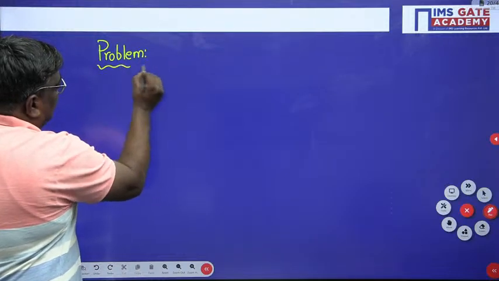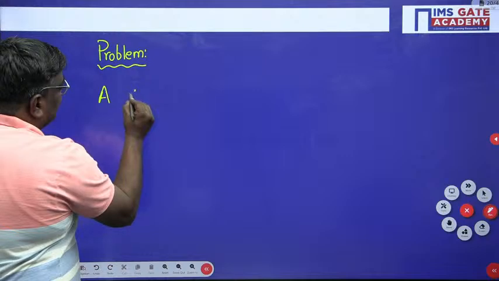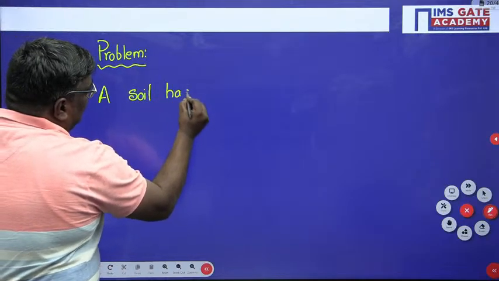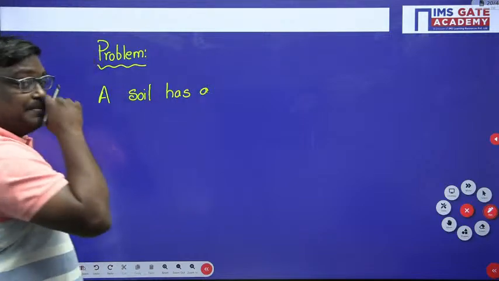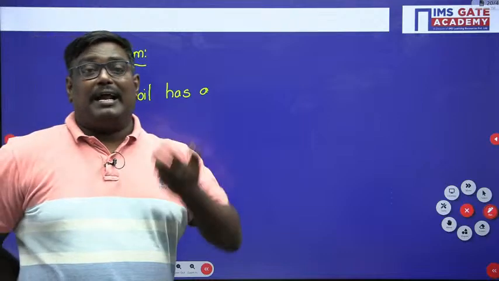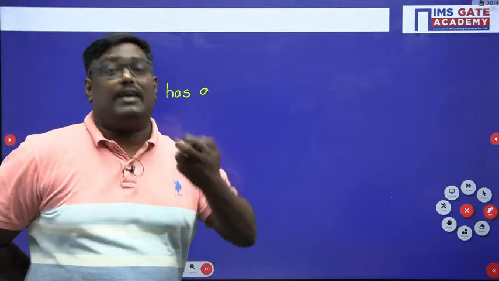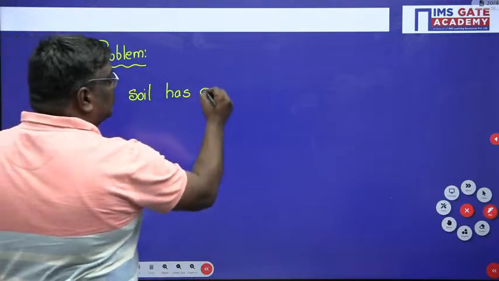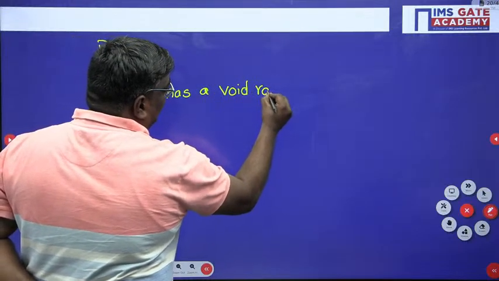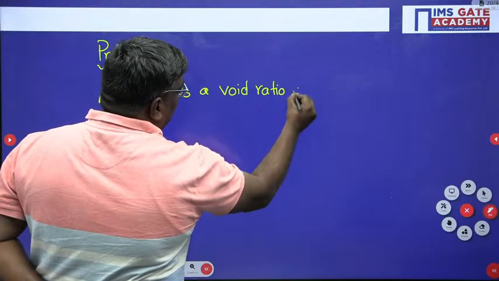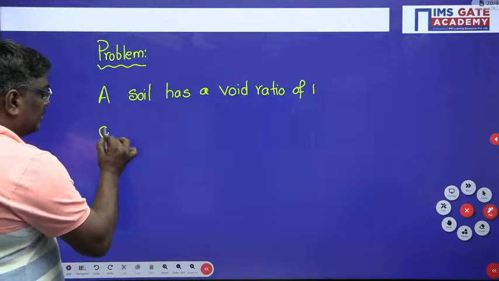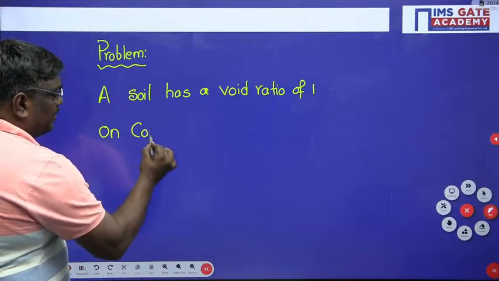The problem here is, a soil has a void ratio of 1. You can ask me, sir, why you are writing the GATE question here? When I am writing the question, please try to understand the given data. A soil has a void ratio of 1. On compaction, what do you mean by compaction, sir?